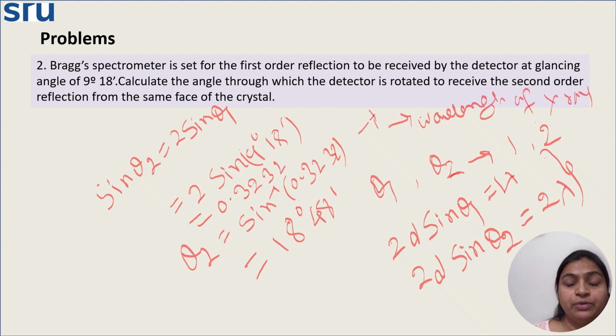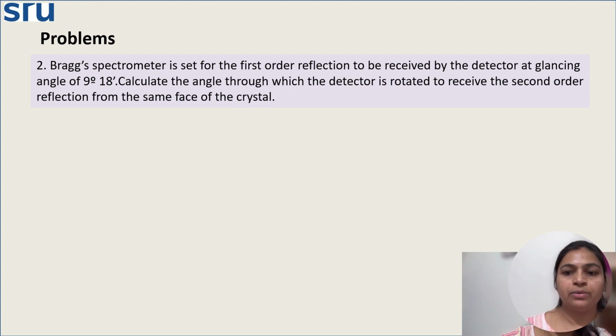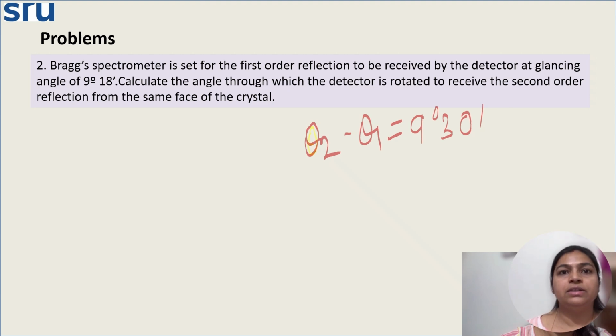Now if we find the difference between theta 1 and theta 2, theta 2 minus theta 1 is 9 degrees 30 minutes. Hence the crystal is rotated through an angle of 9 degrees 30 minutes. The angle through which the detector is rotated is twice the angle through which the crystal is rotated.